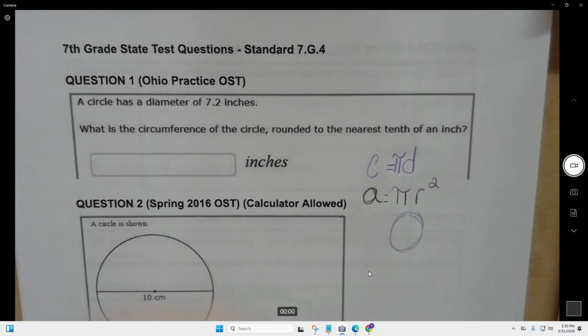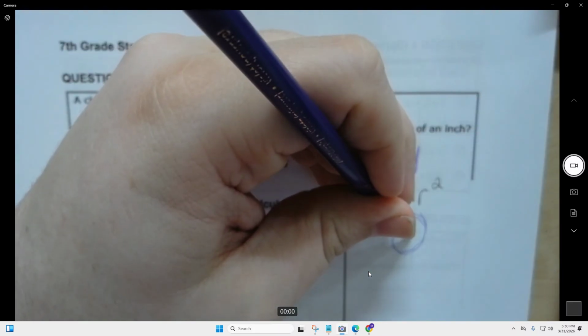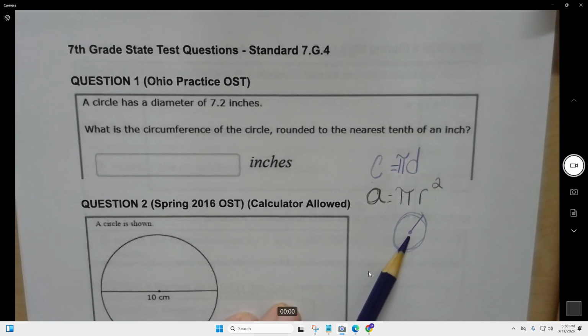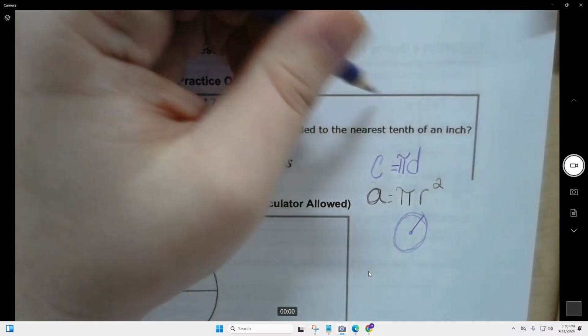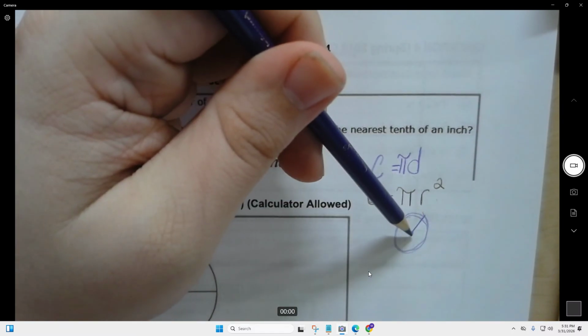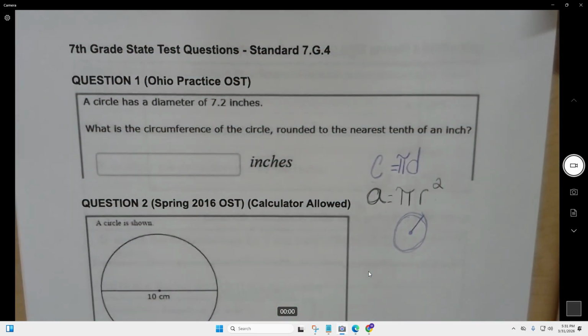So you may ask, what's the difference between a diameter and a radius? Well, a radius represents how long a line you can make from the center of the circle to the edge of the circle. Because the circle is perfectly round, the radius will always be equal, whether you draw it here, here, or here.